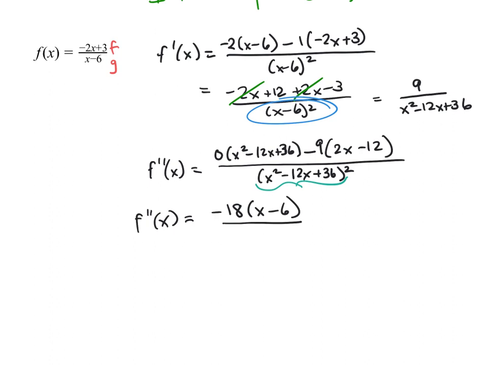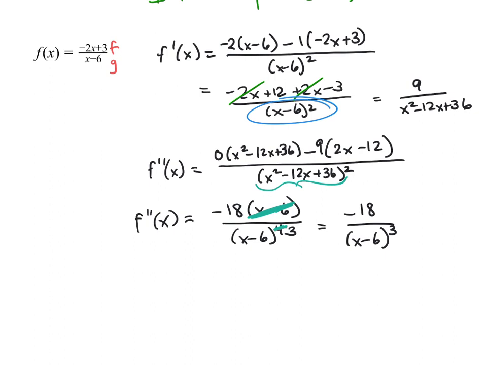So now if I take that back to x minus 6 squared, I have x minus 6 squared squared. So the bottom is x minus 6 to the 4th. And why this is beneficial, and this happens so often, you'll see I can cancel a factor of x minus 6, and it makes my second derivative really, really, really nice. So I get negative 18 over x minus 6 cubed.